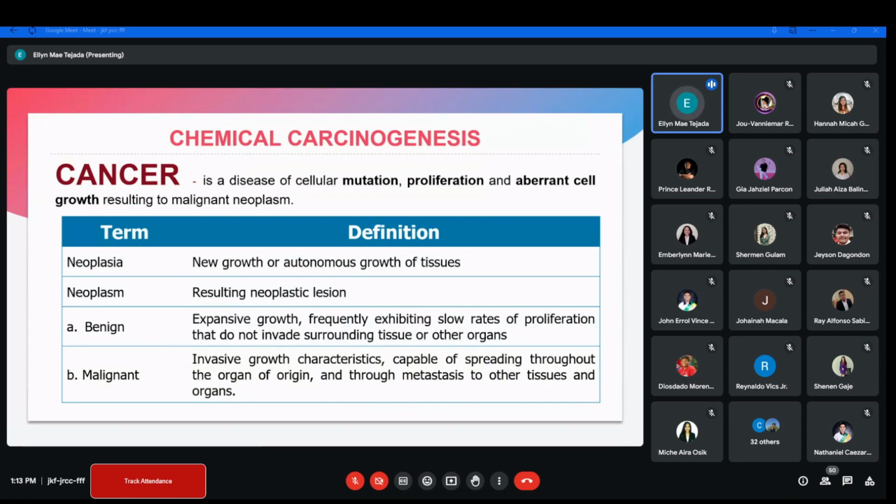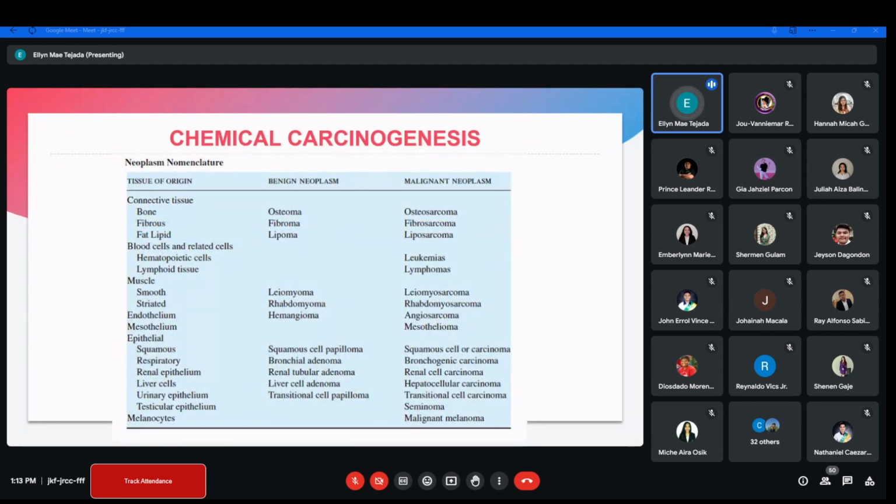In classifying neoplasms, the nomenclature reflects both the tissue or cell of origin and, of course, the characteristics of the type of tissue involved. So when we say neoplasm nomenclature, as I've mentioned, the tissue of origin is also involved.